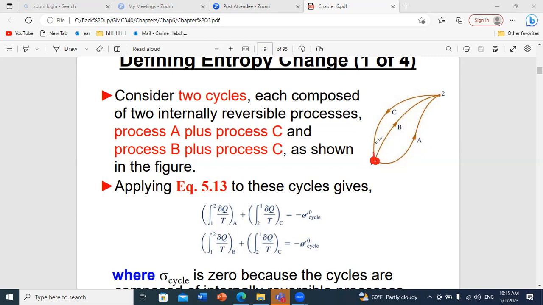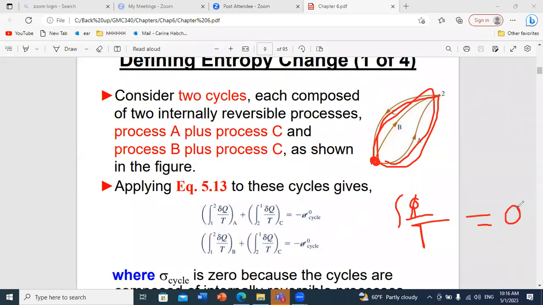This means if I go to 2, then go back to 1, since I am going back to the same point, I am doing a complete cycle. The integral of Q over T for the whole scheme, going back and forth, should be equal to 0 to say that my processes are reversible.